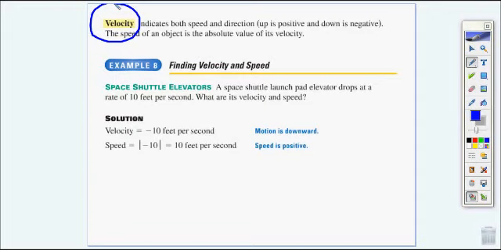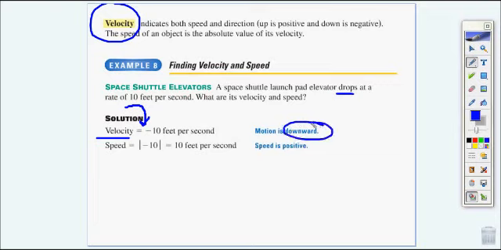A space shuttle launch pad elevator drops at a rate of 10 feet per second. What are its velocity and speed? So velocity, we want to make sure that velocity is showing that it is going down. It's dropping, so we're going to label that as a negative.